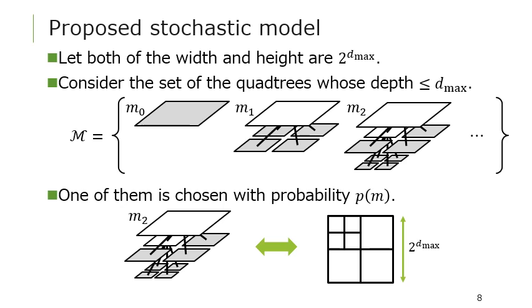And consider the set of the quad trees whose depth is lower than or equal to d max. At first, one of them is chosen with probability P(M). Then, the corresponding block segmentation is determined on the image like this.